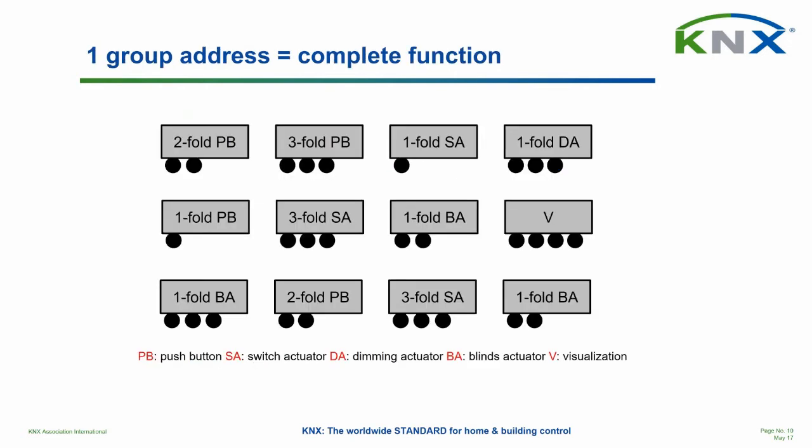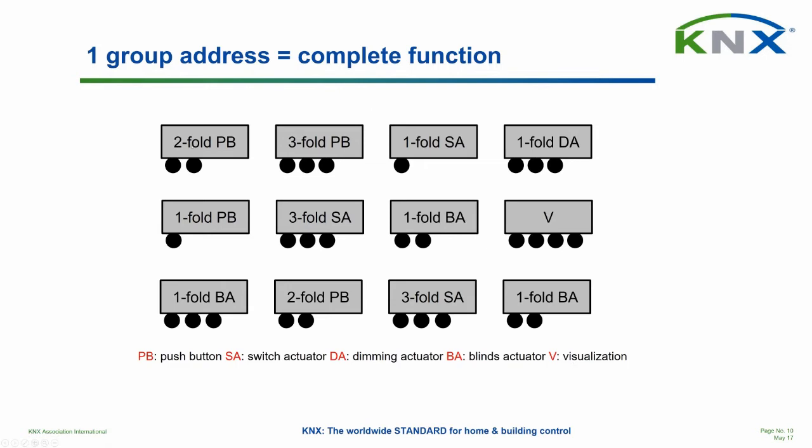Okay, so let's have a closer look at a practical example. What I have put up here is in total 12 devices within a very small KNX installation. We can distinguish different device types, which I have put here in summary on the bottom with their abbreviations. PB is a push button, SA is a switch actuator, DA is a dimming actuator, BA a blinds actuator, and V stands for visualization.